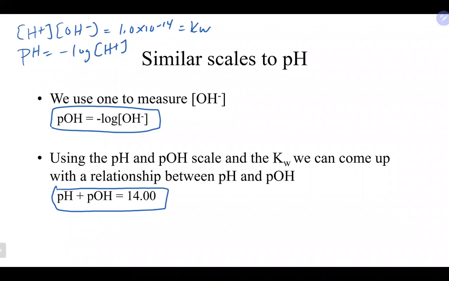If you have the pH, you can actually get the H plus concentration directly from the pH value by taking the inverse log of the negative pH. On most people's calculators, when you hit inverse log, that usually pops up a 10 and a caret, and then negative pH.